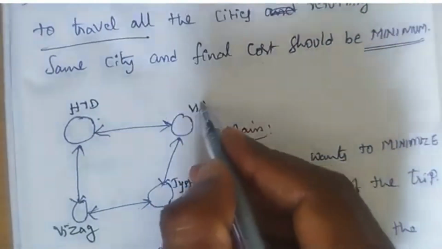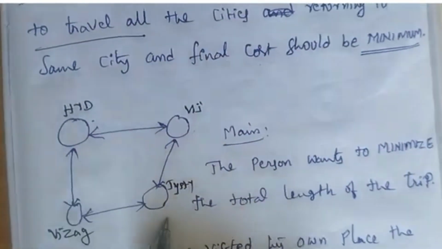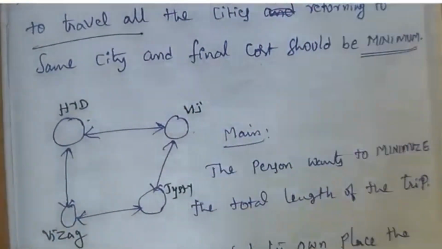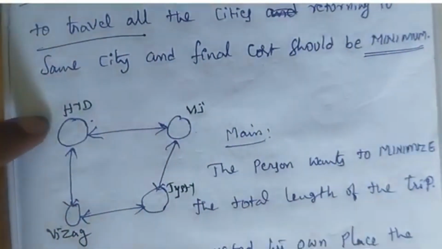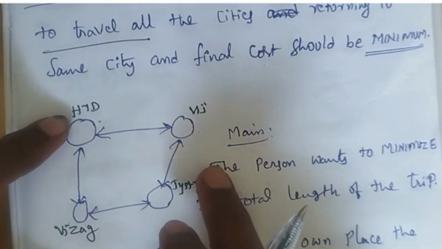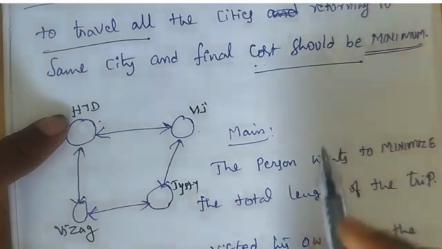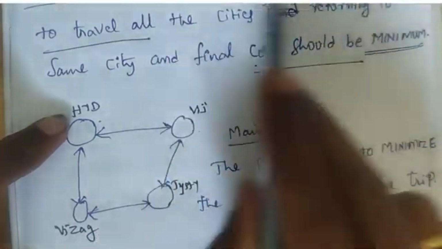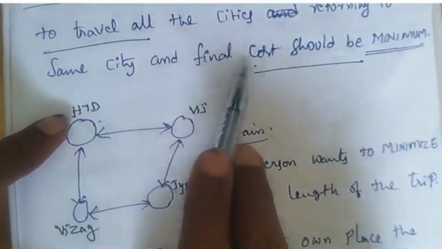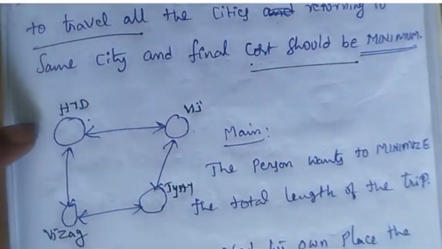He has to visit all the cities, Vijayawada as well as Tirupati as well as Vizag, and the final destination should again be the starting location. In which way should he travel to all the cities to get the minimum cost? We need to find the route where the salesman travels to all the cities, returns to the same city, and the final cost is minimized.